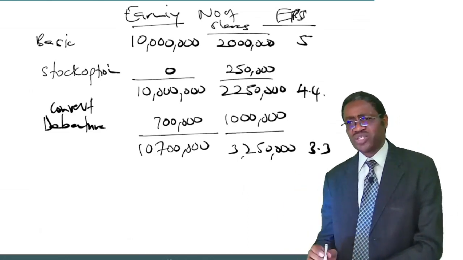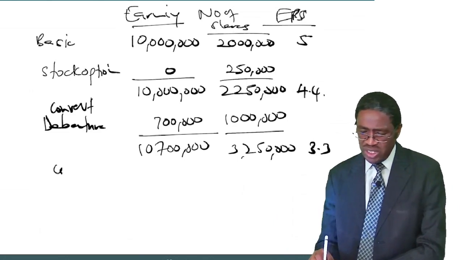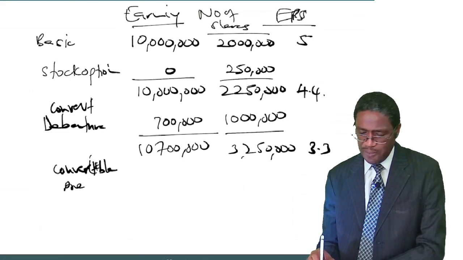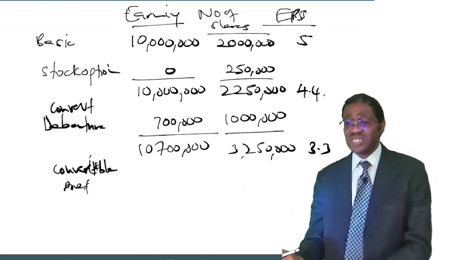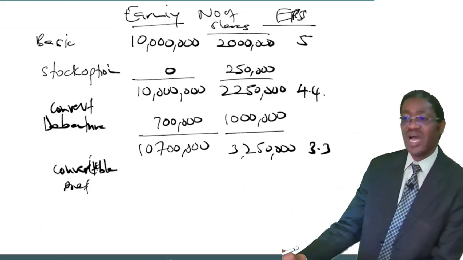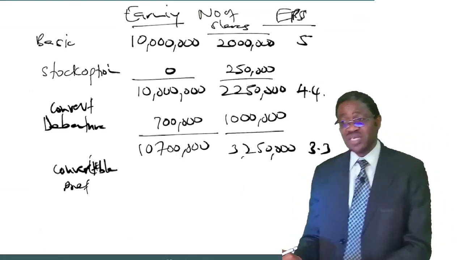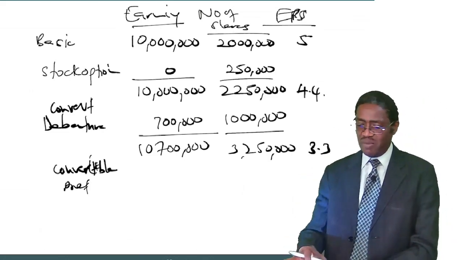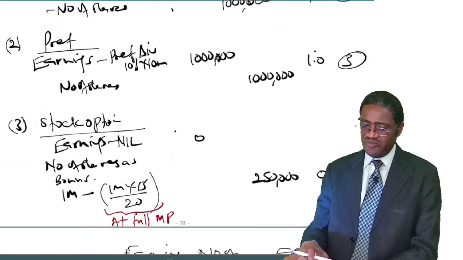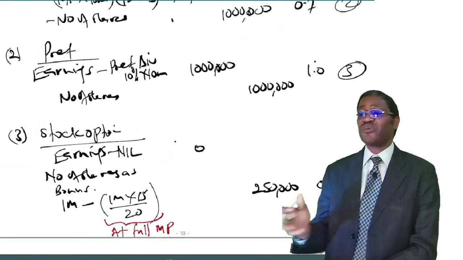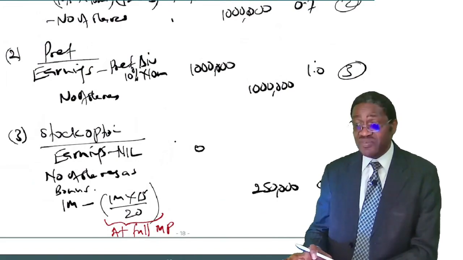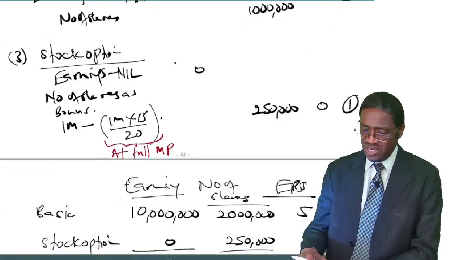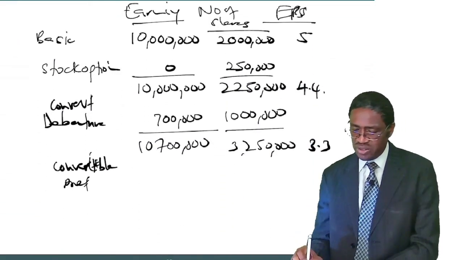Then you go to the next one, and of course now the last one is the convertible preference. Where you again see by how much the earnings would have gone up. I think it was 1 million. If the preference shareholders had converted, we would have saved that dividend of 1 million. So that becomes the incremental earnings, 1 million.